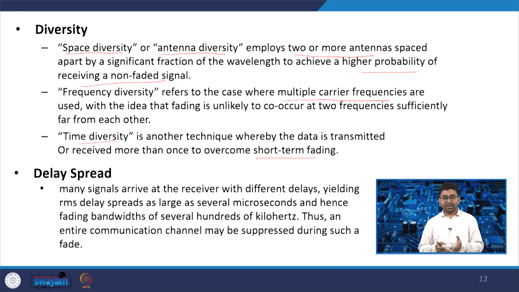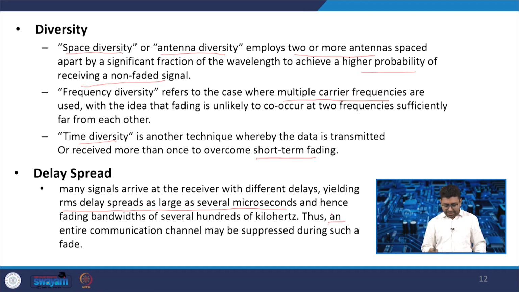You can add multiple antennas, or you can use space diversity, frequency diversity or time diversity to improve fading. Then delay spread: many signals arrive at the receiver with different delays. This yields an RMS delay spread as large as several microseconds, and hence a fading bandwidth of several hundreds of kilohertz.